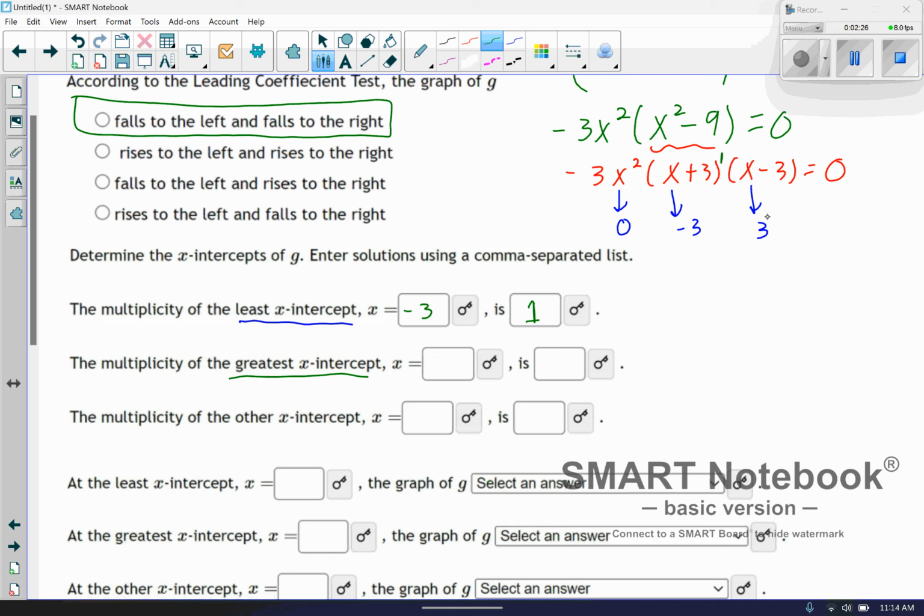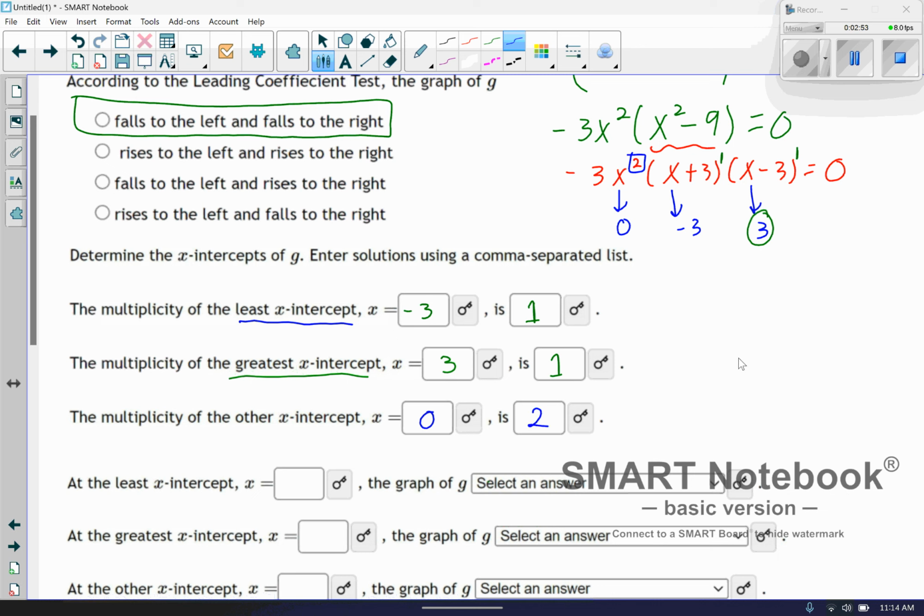So the largest value is positive 3. And that one has a multiplicity of 1 also. Then it says, if there are any others, then go ahead and list it. If not, you would put that does not exist there. And so we do have another one at 0, but this one actually has a multiplicity of 2.